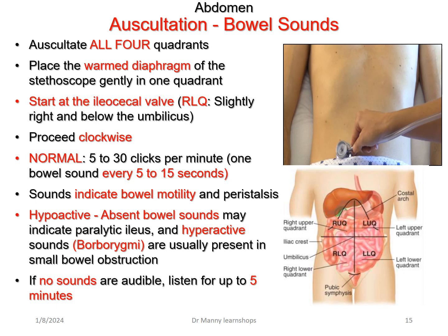Hypoactive or absent bowel sounds may indicate a paralytic ileus, and hyperactive sounds, borborygmi, are usually present in small bowel obstruction, but they can be normal when you're very, very hungry as well. If there are no sounds audible after listening for 5 minutes, then you can state that they are absent.